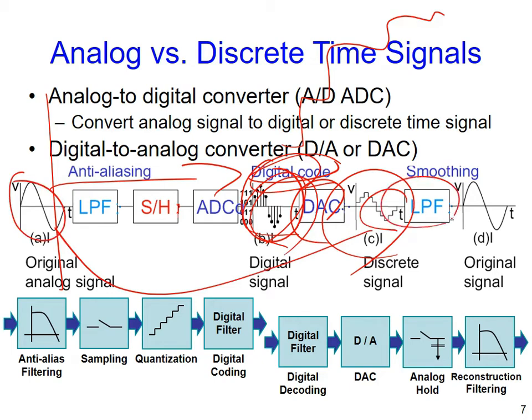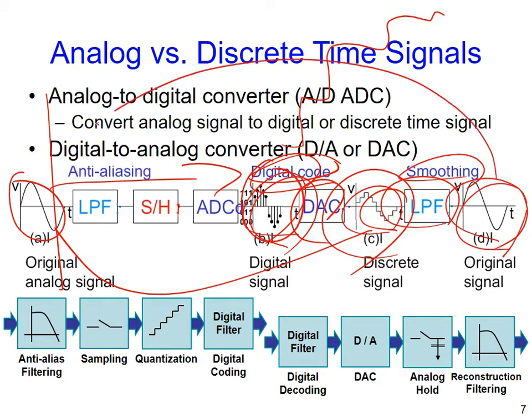So you need another low-pass filter to smooth such a stepwise signal to become very smooth. That's it. And hopefully the output signal will be exactly the same as the original one. Is it possible? Oh, sorry for that. Nothing is perfect. There is always some error.